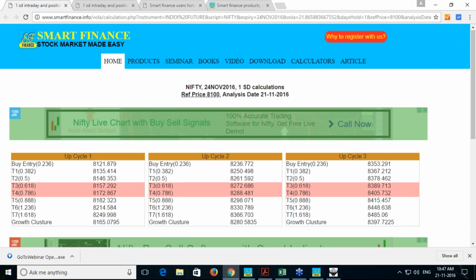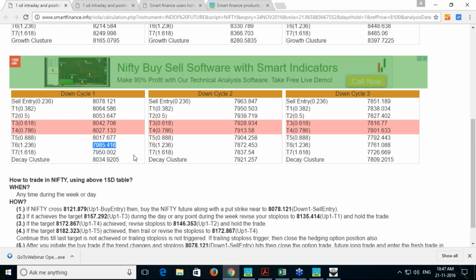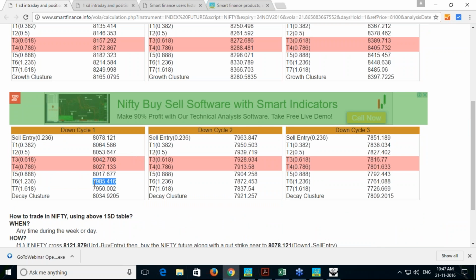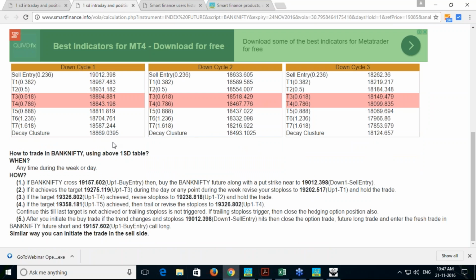Whatever the intraday calculations we have done for the Nifty, 7985 level we have already achieved. Final target 7950 we are expecting. And for Bank Nifty, 18,587 level we had expected as the final target, which has been successfully achieved.